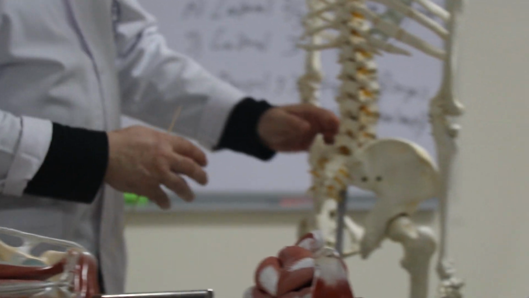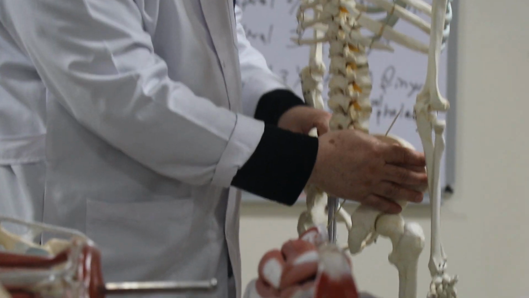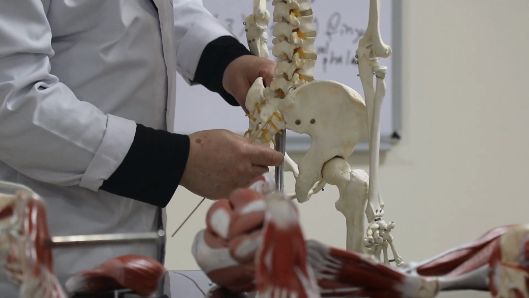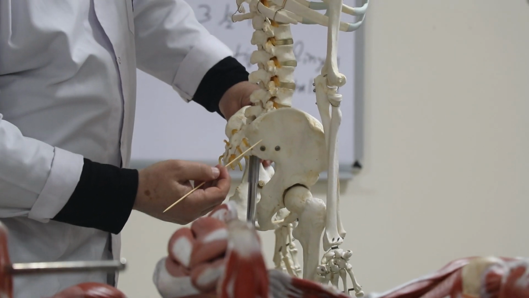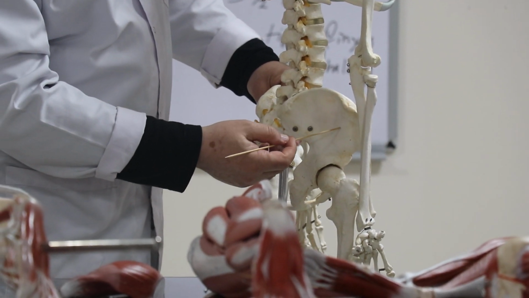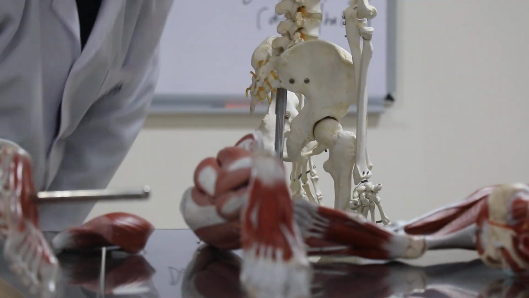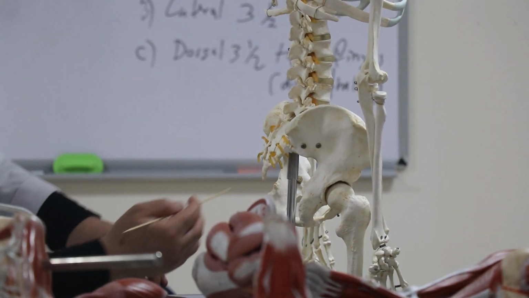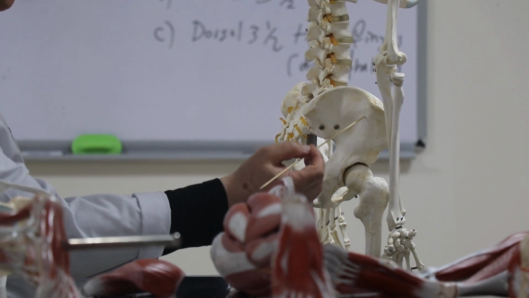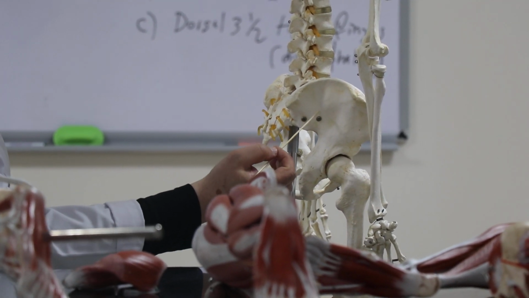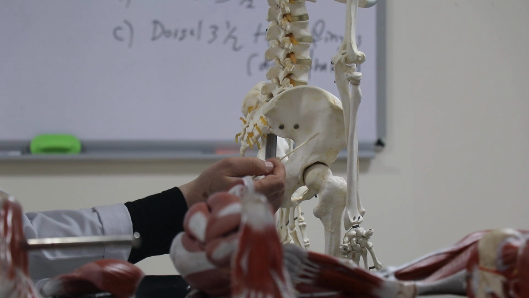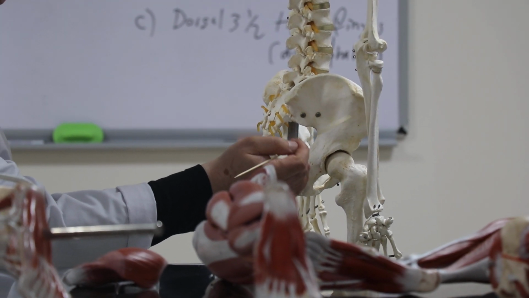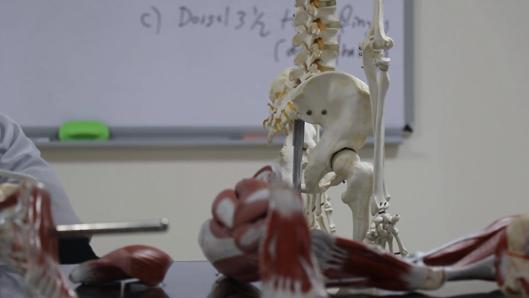Again, these arise from the gluteal surface of the coxa, the pelvic bone. Between the posterior and anterior gluteal lines is gluteus medius, and between the anterior and inferior gluteal lines is gluteus minimus.